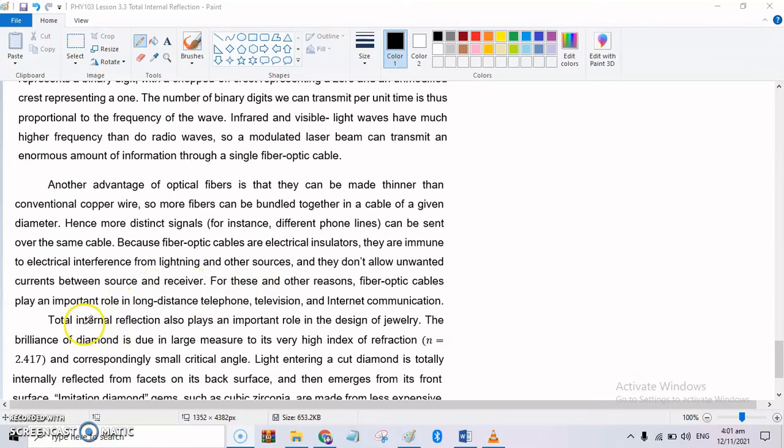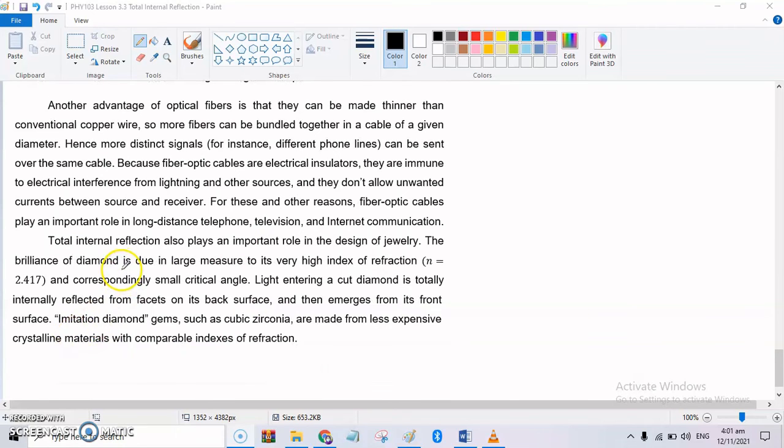Next, total internal reflection also plays an important role in the design of jewelry. The brilliance of diamond is due in large measure to its very high index of refraction, n equals 2.417, and correspondingly small critical angle.